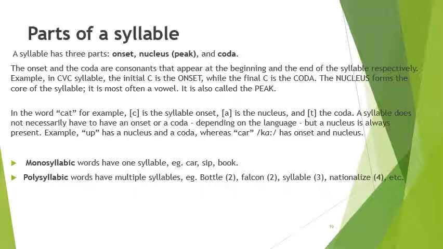The language, the word itself. Then you can have polysyllabic words, whereby you have a word having more than one syllable in it. Example, bottle. How many syllables? There are two. Falcon. Syllable itself. Nationalize itself. So these words have more than one syllable.